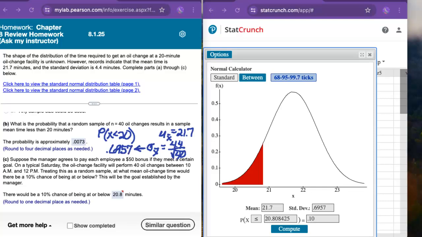So in order to find the probability that x is less than 20, I'm going to be using these two numbers. I'm going to go back over here to StatCrunch.